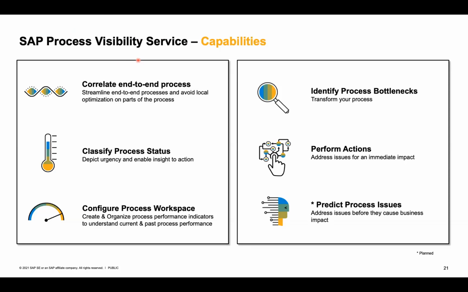So we want to gain visibility into different kinds of processes and want to find out, for example, as you can see here, about the status of certain processes, about bottlenecks in certain processes. We maybe want to define actions that can be done in certain situations. Like, let's say the workflow got stuck for some reason, and then we want to have an action to send it maybe to an administrator or something like that. So we could define these sort of things.